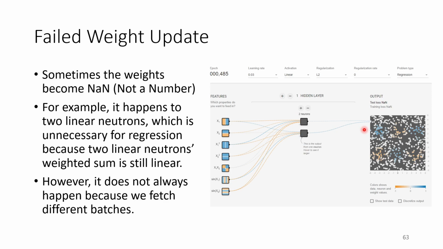Okay, so when there is an error and it goes back to the two neurons, it may go to infinity or negative infinity. So it becomes not a number. But it does not always happen. Why? Because we use a batch of instances to update our weights. Every time you run it, the batch you get from your training data is different. So sometimes it happens, sometimes it doesn't.